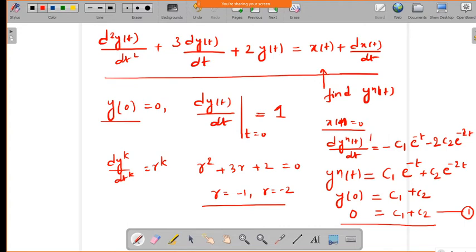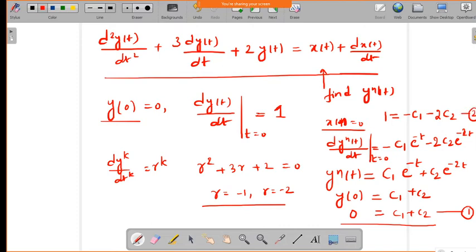At t equal to 0, what you will get? If you put t equal to 0 in this equation, the exponential values become 1. So your equation will be 1 equal to minus C1 minus 2 into C2. This is your equation 2.